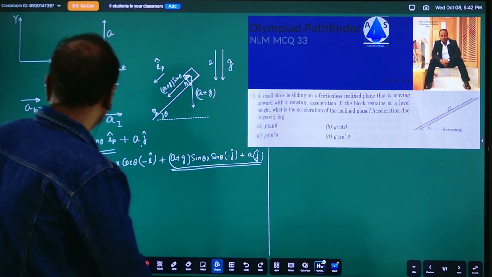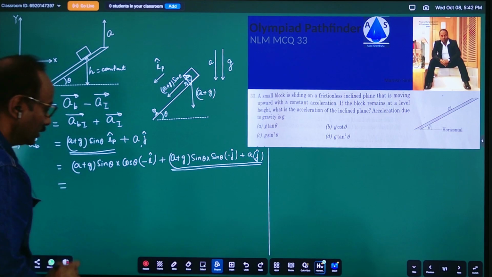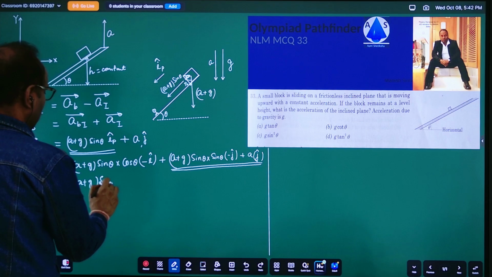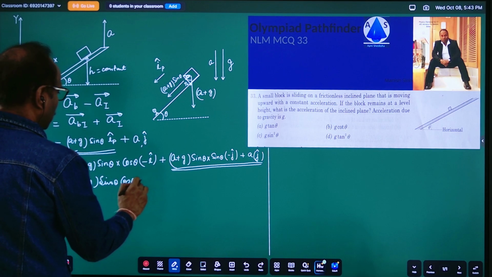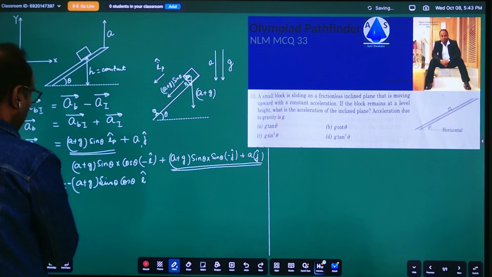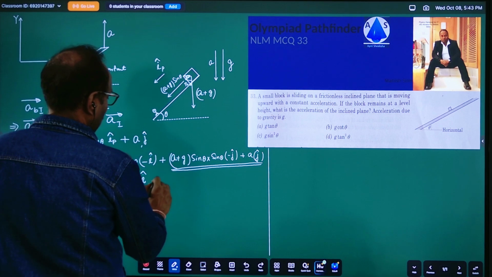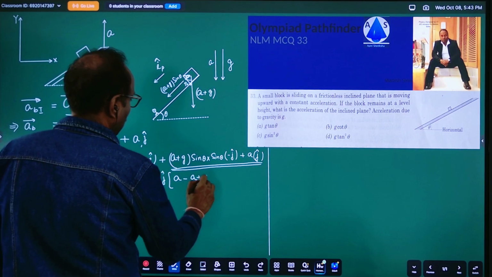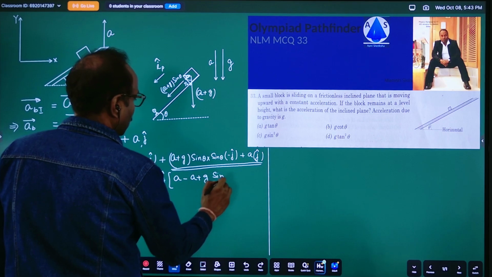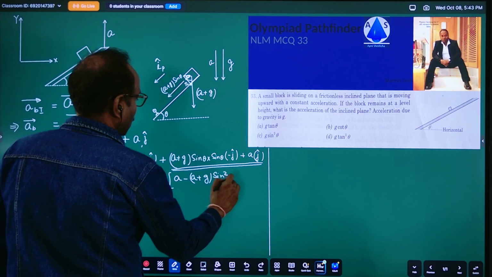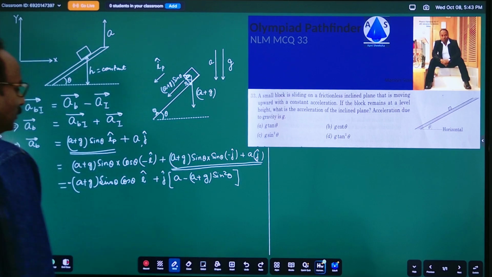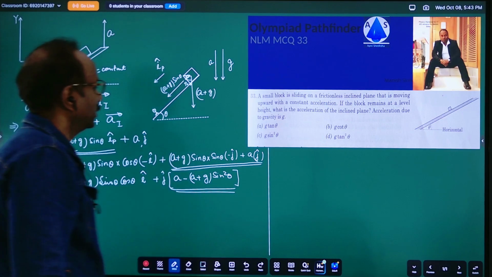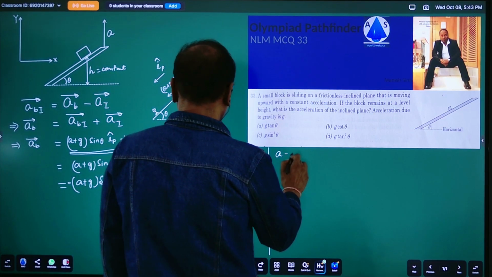So here the y component of the acceleration should be 0. So we will use this equation.